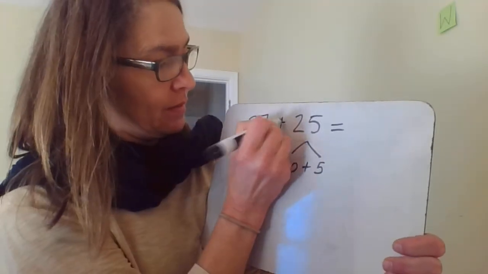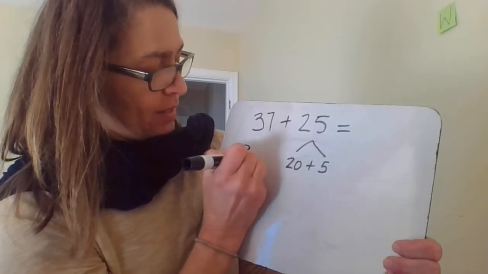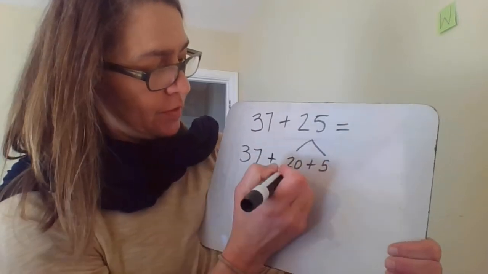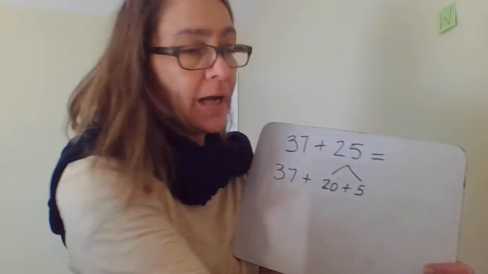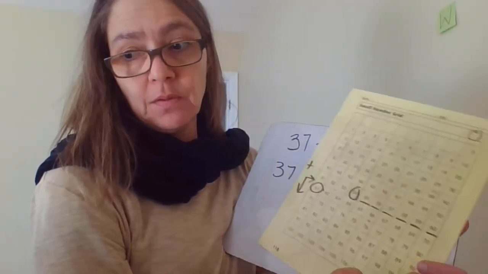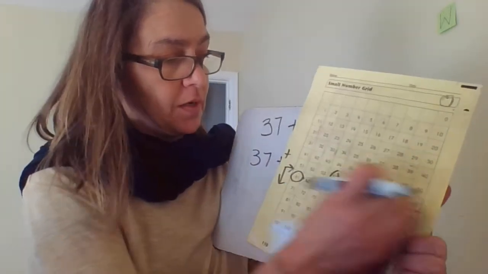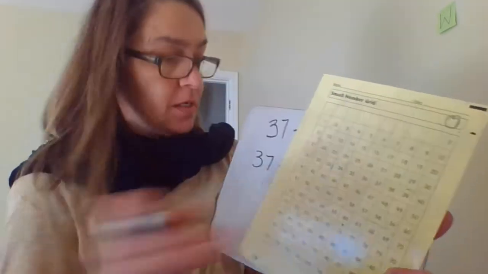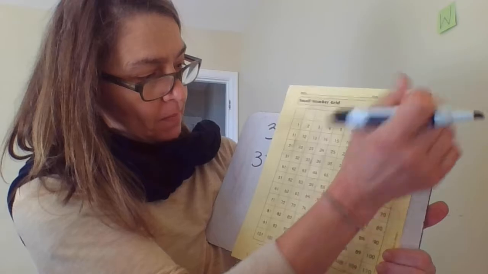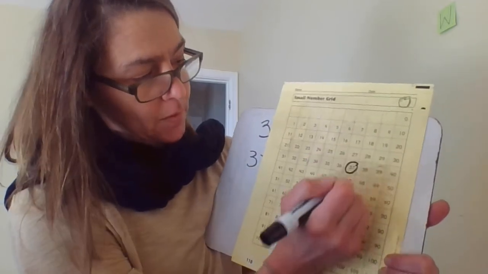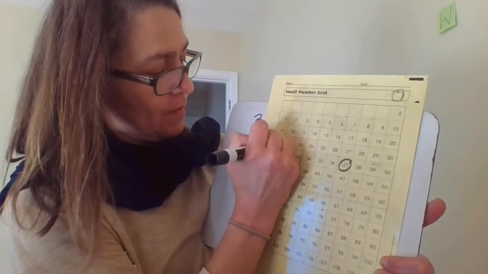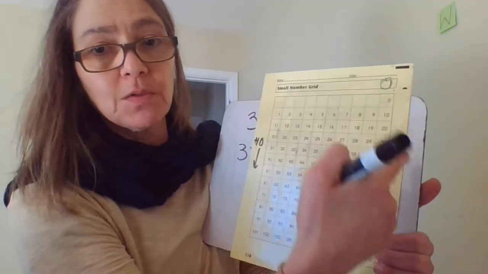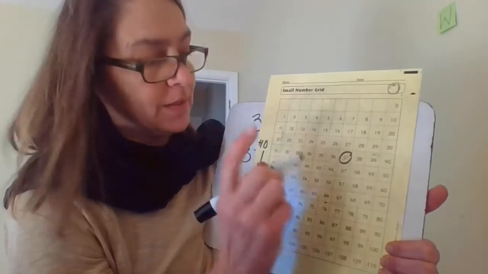All right, so now I have an easier problem. I have 37 plus 20 plus 5. And I can go to my number grid if I want to. Instead of solving it with a number line, I can use my number grid. And I have 37. And I'm going down 2 tens, because every time you go down a row, you're adding 1 ten.